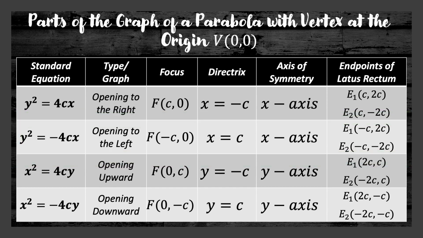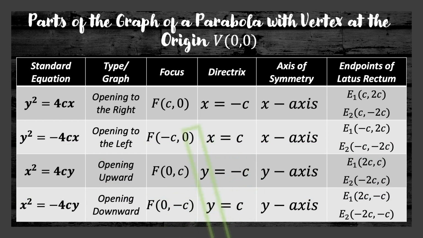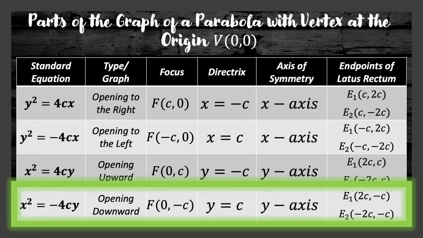In the third row are the formulas for a parabola that opens upward with the standard equation x squared equals 4cy. And in the last row are the formulas for a parabola that opens downward, represented by the standard equation x squared equals negative 4cy. If you peruse the formulas, you will notice that most of the coordinates require the numerical value of the focal length denoted by c.